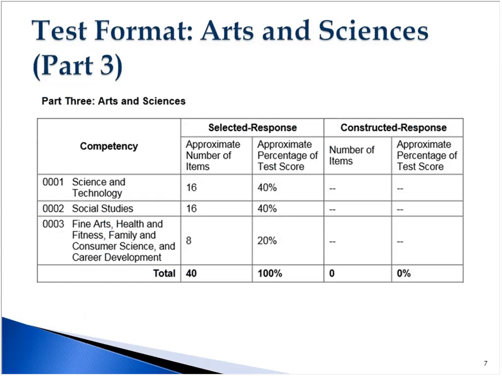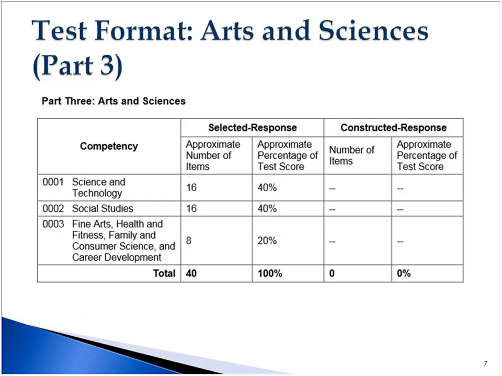Part 3 of the test focuses on arts and sciences and is made up of only selected response questions with no constructed response item. The 40 multiple choice questions test competency in science and technology, which counts for 40% of your score, social studies, which counts for 40% of your score, and fine arts, health and fitness, family and consumer science, and career development, which all together count for 20% of your score.